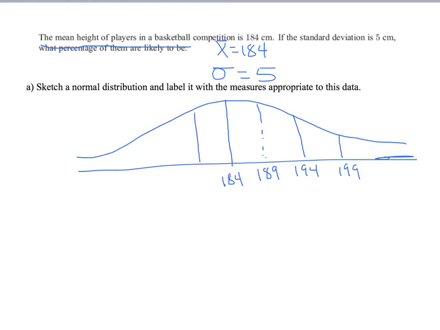So 184 minus 5 is 179, 179 minus 5 is 174, and 174 minus 5 is 169. So this is what the distribution of the data looks like for the heights of these basketball players. You really want to be able to sketch out this curve, figure out where your x-bar, your mean, is, and then make a number line using the standard deviation as your units.